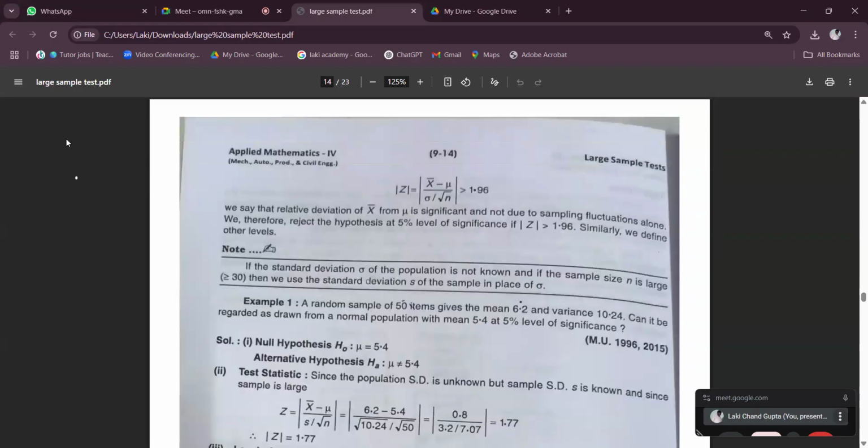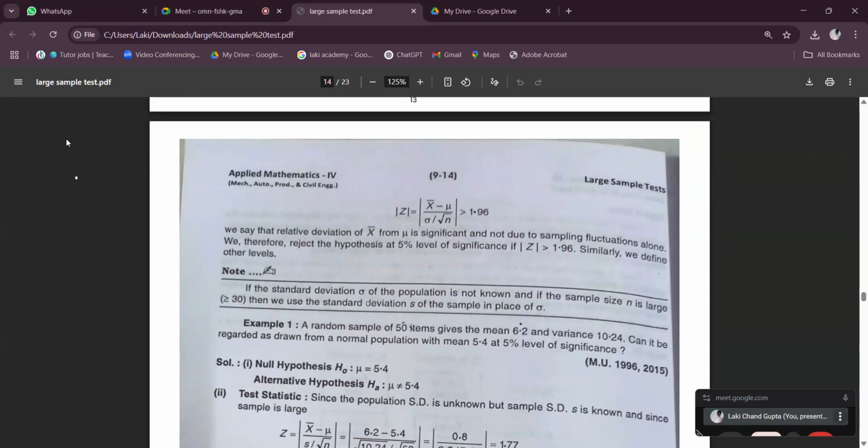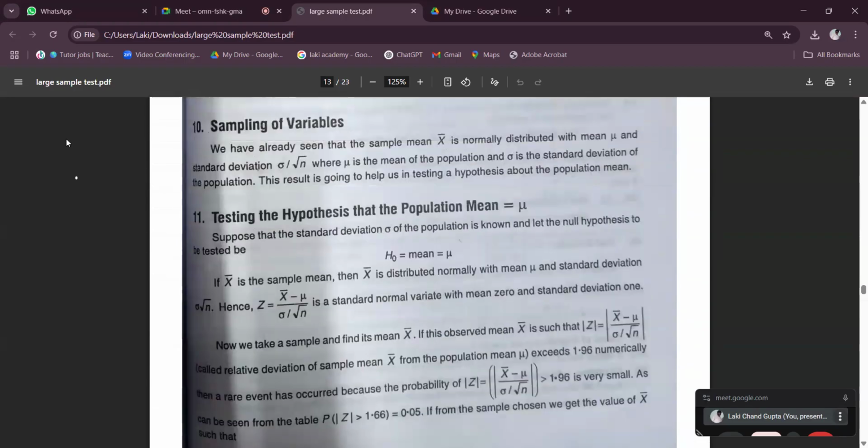Now we see hypothesis testing for large sample.